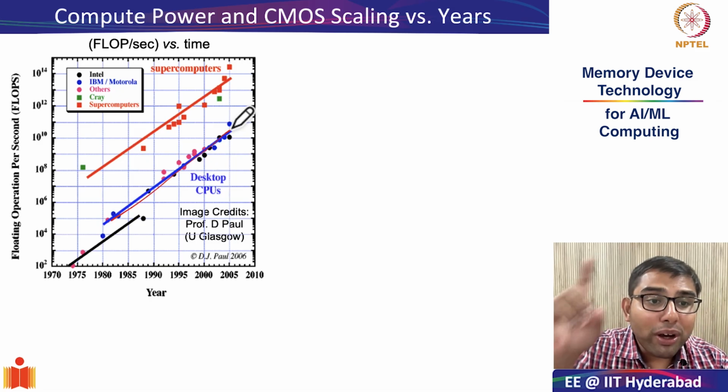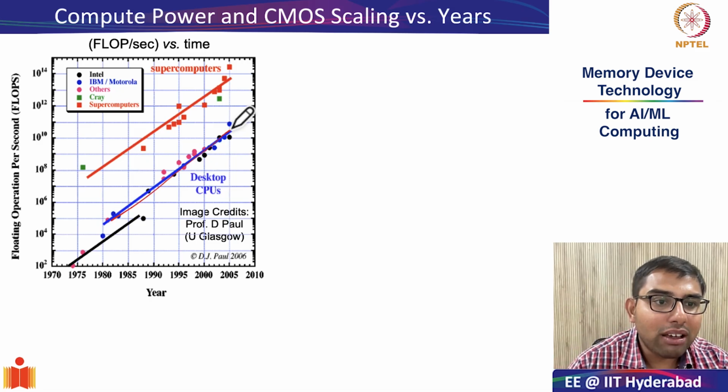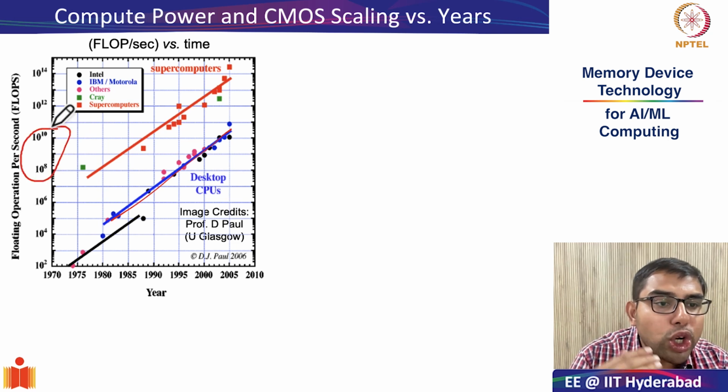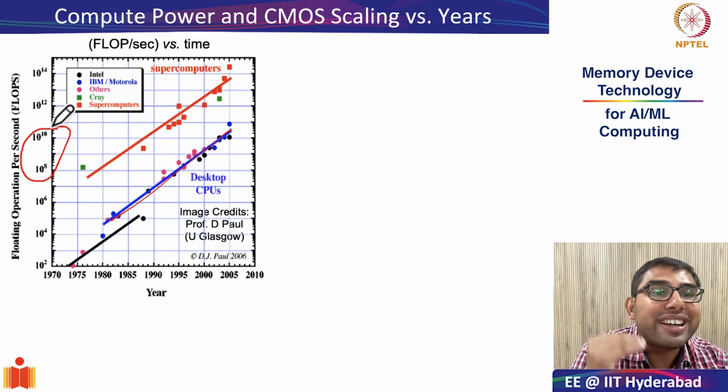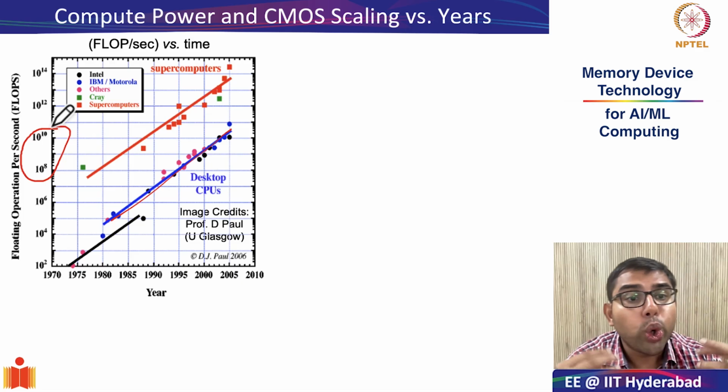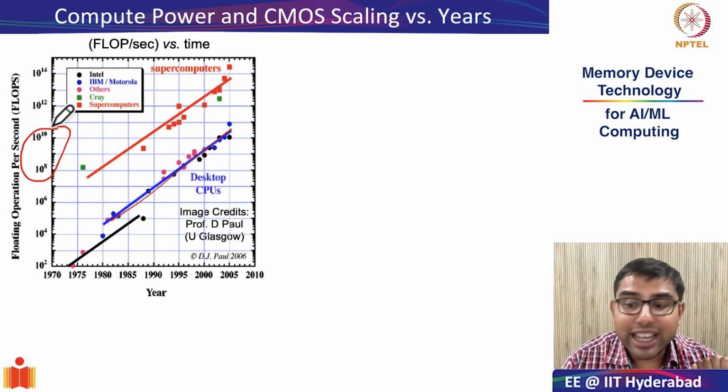Remember, 2 slides previously, we saw that the number of floating point operations per second needs to be in this particular range, close to 10 to the power of 9 or 10 to the power of 10 operations per second to do any reasonable AI ML task.